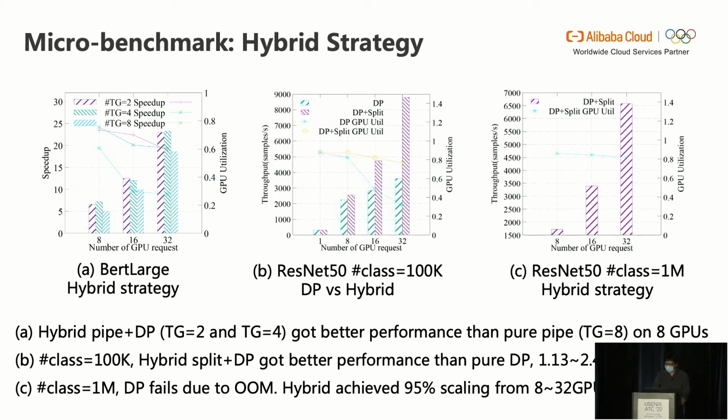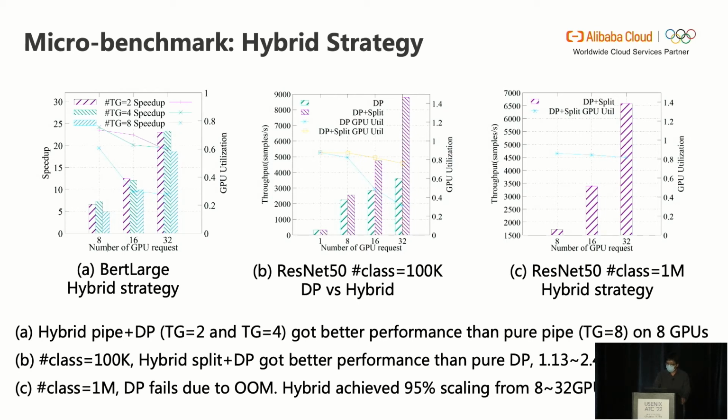With the number of workers increasing, hybrid parallelism maintains a near linear speedup, while the DP strategy falls dramatically beyond 16 workers. This is because the heavy FC layer incurs a huge gradient synchronization overhead. For the task of 1 million classes, data parallelism failed due to out of memory.